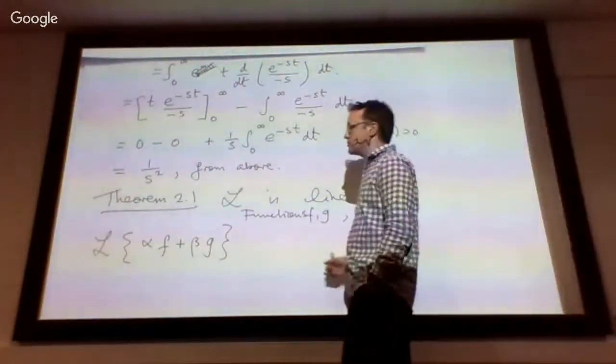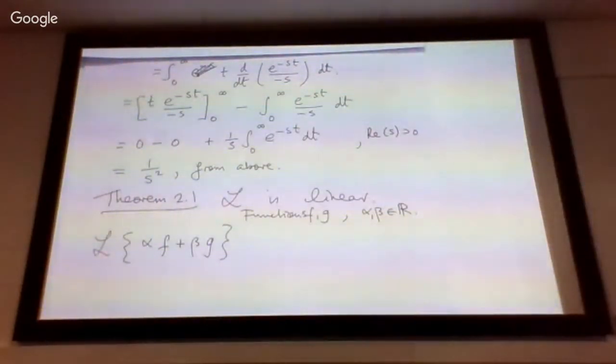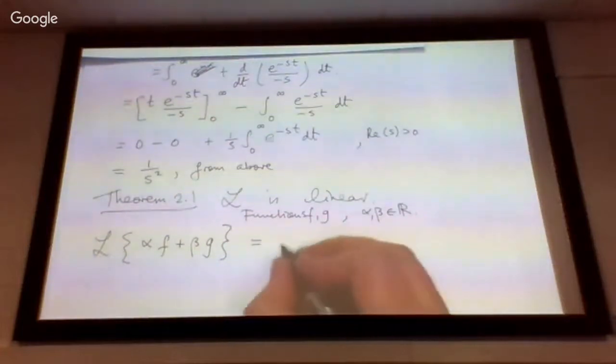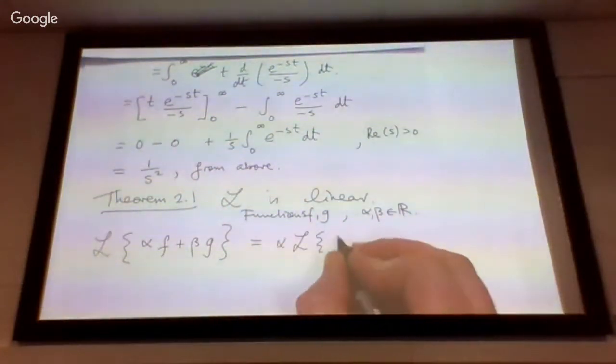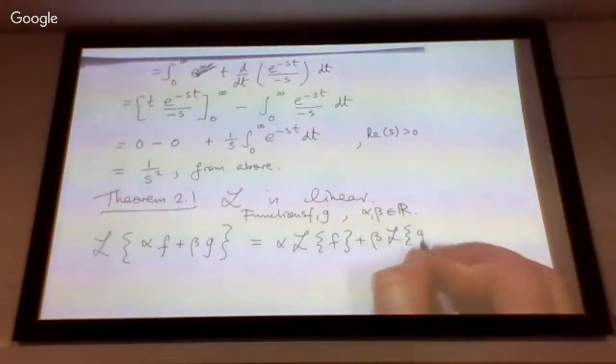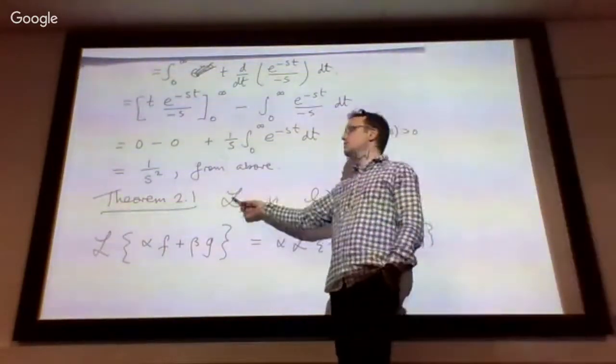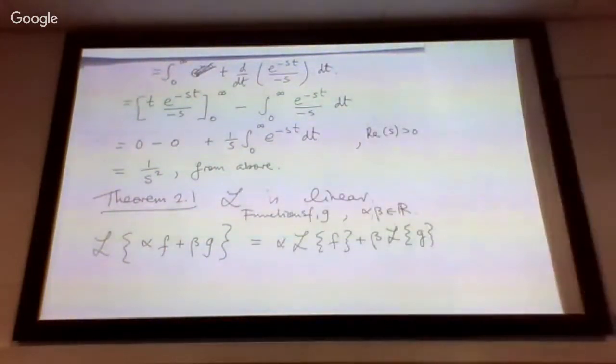Saying the Laplace transform is linear is saying that when you apply it to a linear combination of functions, you get the same linear combination of the individual transforms. That's what we would understand by the property linear applied to the Laplace transform.